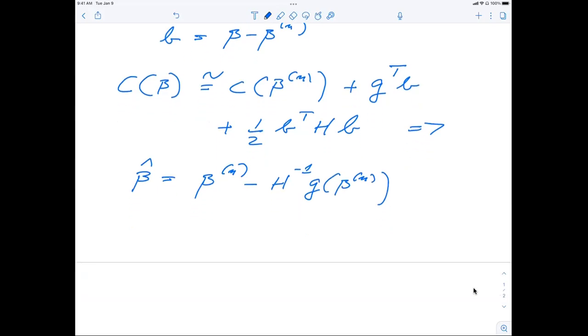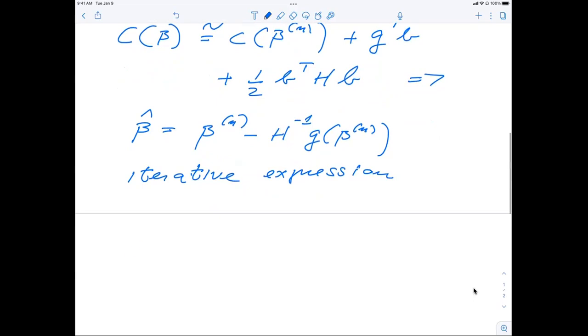In general, the iterative scheme which we end up with when we have started with a Taylor expansion of the cost function around the final optimal parameter beta for the estimator, and then we end up with this specific truncation at the level of the second order term, the second derivative term, is an iterative expression for the unknown parameters beta, which goes like this.